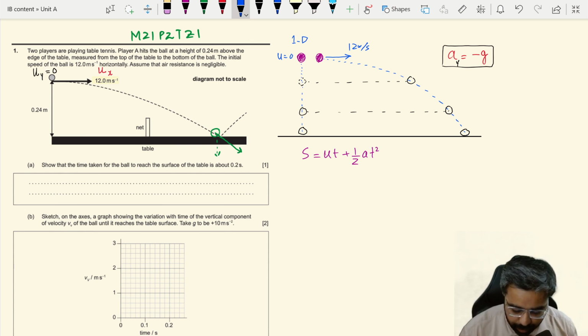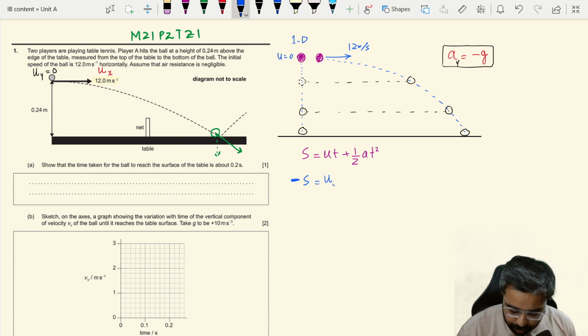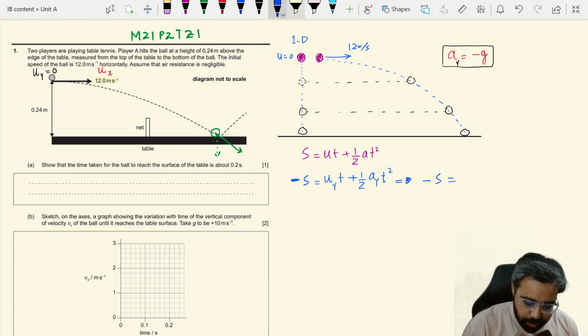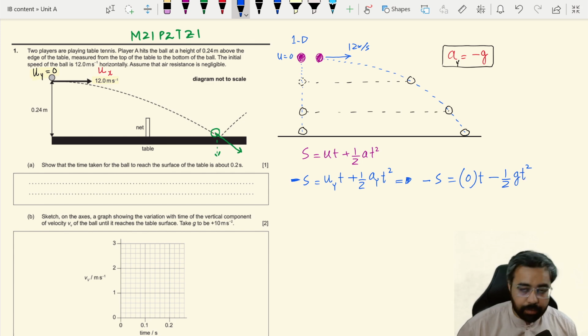So I would write negative s, because the displacement covered vertically is negative 0.24 meters, equals uy into t plus 1 over 2 ay t squared. What is uy? You see that it's 0, right? So we can make it 0 minus 1 over 2 g t squared. So I have substituted the value for the acceleration, that is negative g.